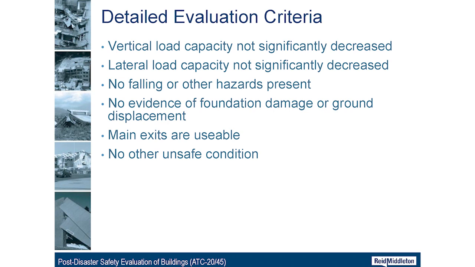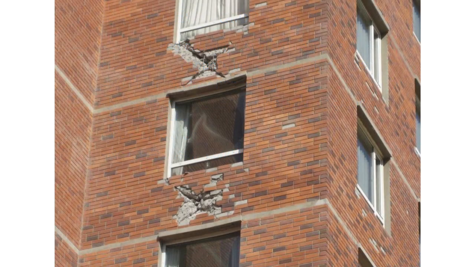And then scale 1 to 10, what is the lateral load carrying capacity of this building after whatever damage occurred? The same other checks: falling hazards, ground displacement, exits and egress, usability, and any other safety concerns. So using this scale 1 to 10, let's talk about this little portion of a building. What's the building type, structure?